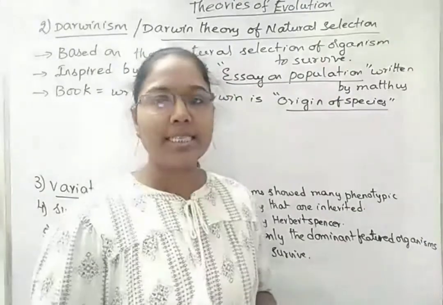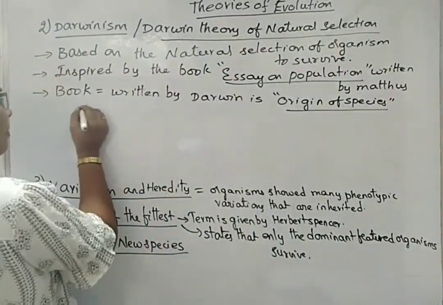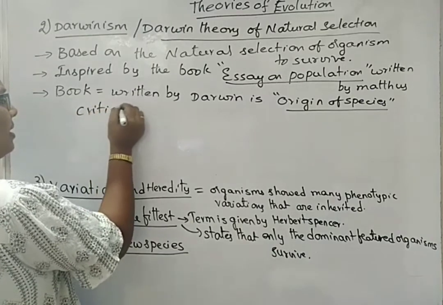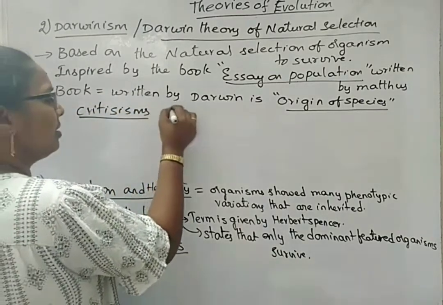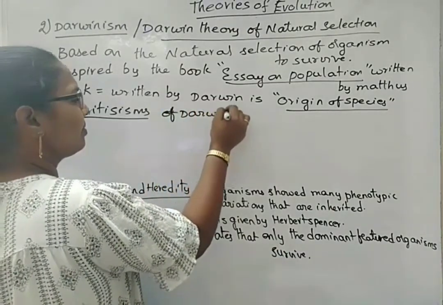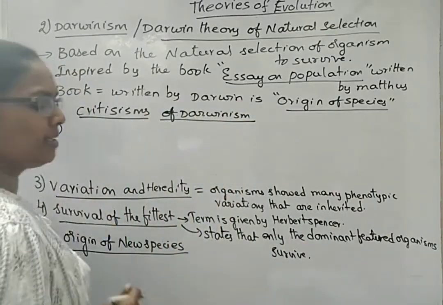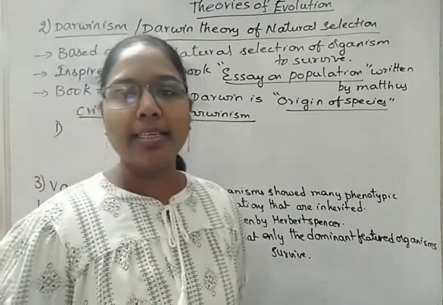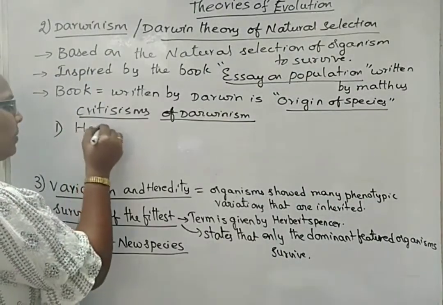There are many criticisms also regarding Darwinism. So, criticisms of Darwinism. What are those? Darwin has explained about inheritance of small variations.